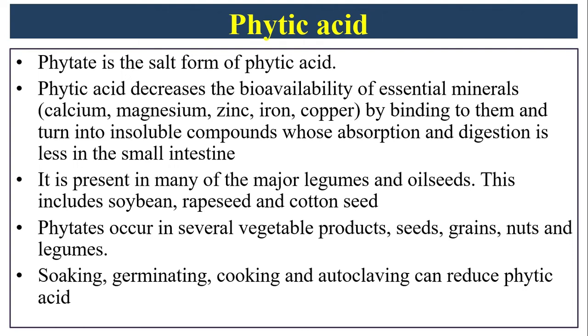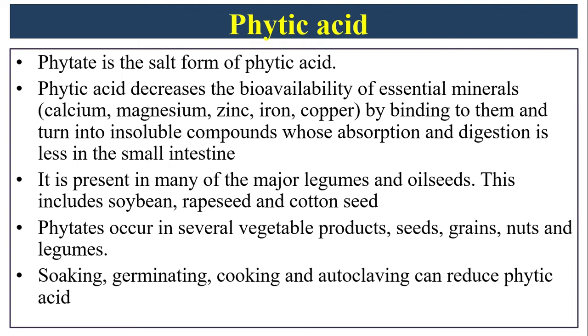It is present in many of the major legumes and oilseeds. This includes soybean, rapeseed, and cottonseed. Phytates occur in several vegetable products, seeds, grains, nuts, and legumes.